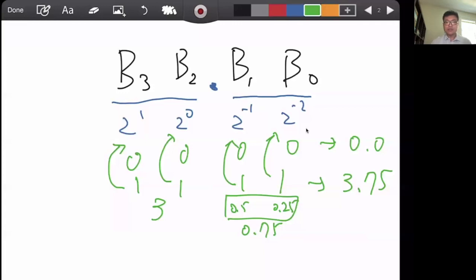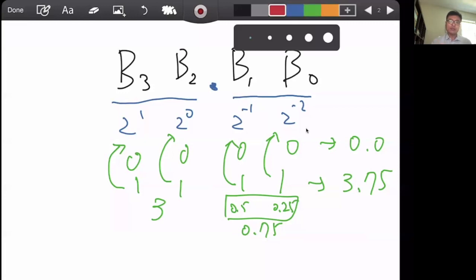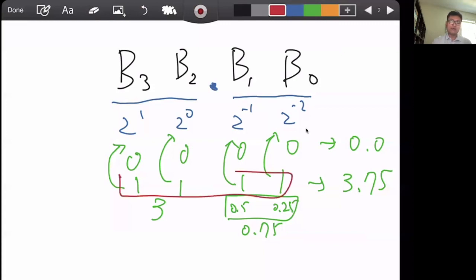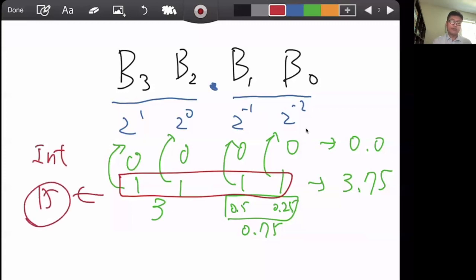However, you can also notice that if we use this approach, compared to the original, if we use 1111 for an integer only, not floating point, it can represent 15, right? So this 15 compared to this number has a significant difference.